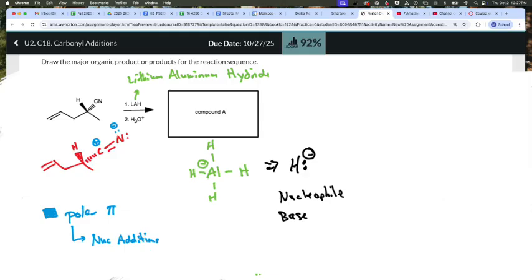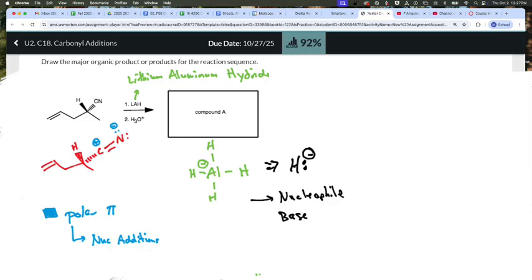Why not acid? What are acids? They're H plus. This is H minus, so it could act as a base. That's one of the complications of this reagent. But this is our primary way of getting hydrogen nucleophiles, through lithium aluminum hydride.